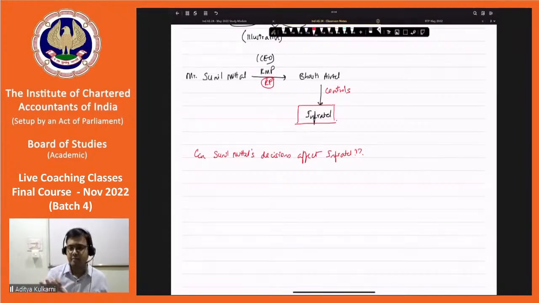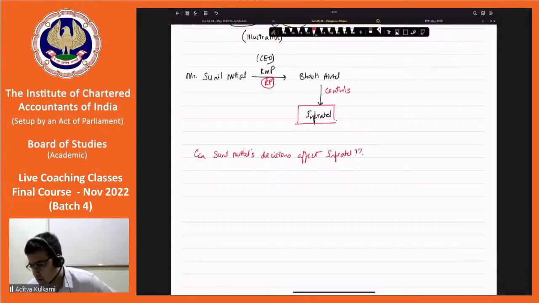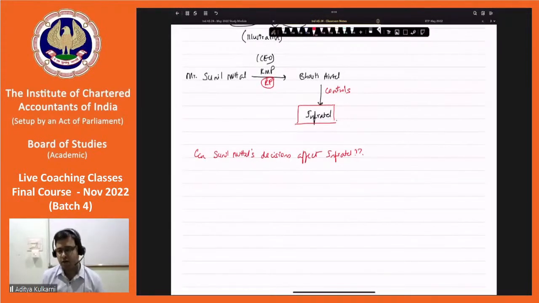Can Sunil Mittal impose his decisions on the subsidiary? Please answer. The way this chapter becomes interesting is if we interact. You can do the writing later on, but as of now, please answer.